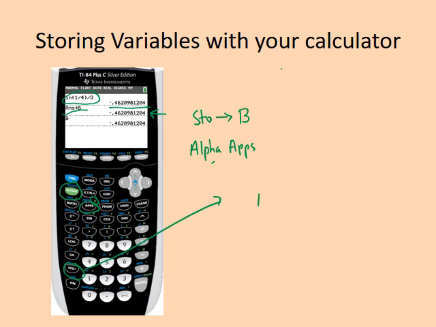Now, if you press alpha apps again, which is what we did up here, there was B, and hit enter, it will give you the value that is stored. It will leave that value stored as B until you replace it with a different value of B. Storing becomes extremely important in exponentials and logs because rates can be very long. So be sure to use this when we're doing these types of problems.